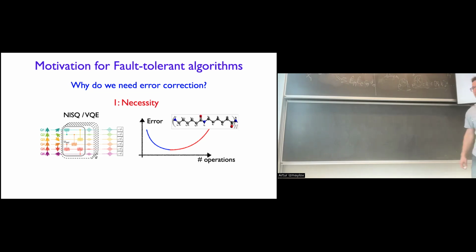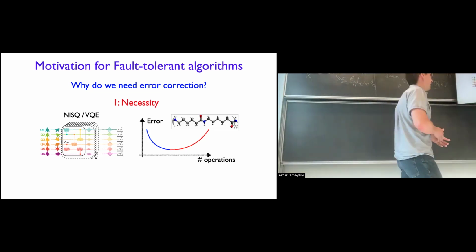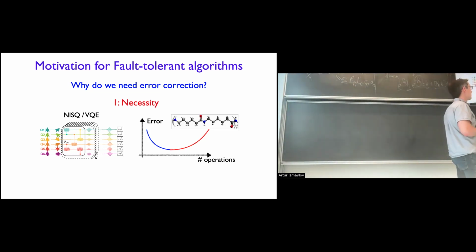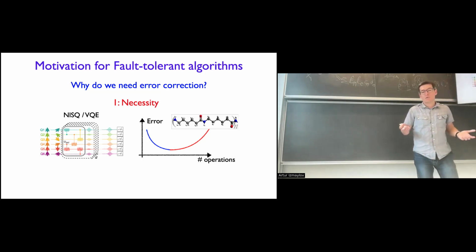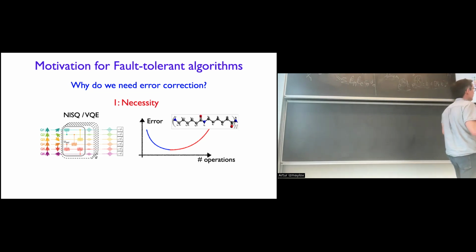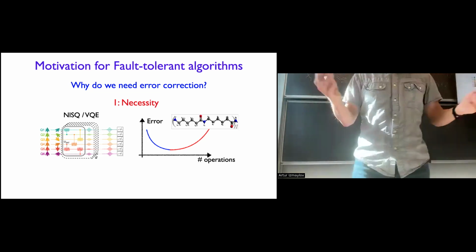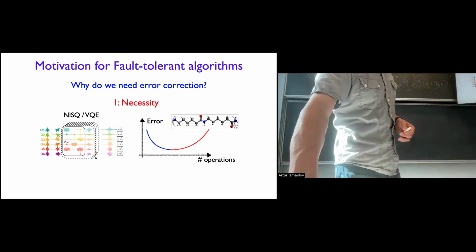Therefore, there is no hope to create a method that is scalable and can compete with the classical methods, because classical methods are all polynomial in scaling, and there is no issue with the error. So we need to do error correction.